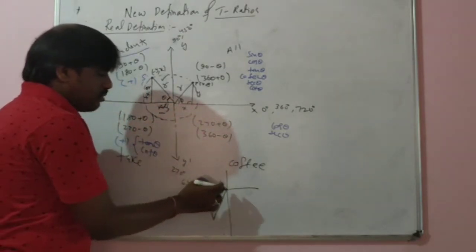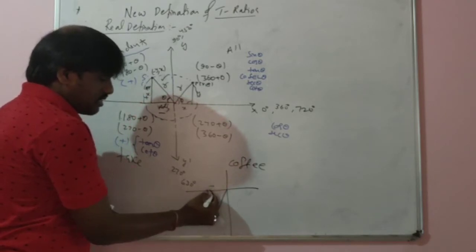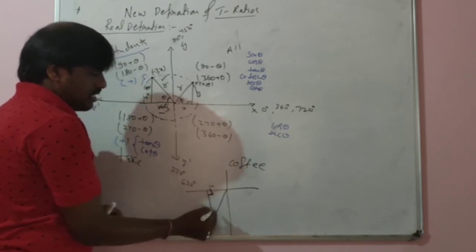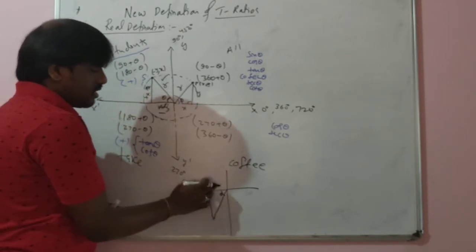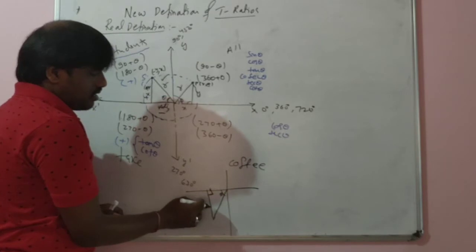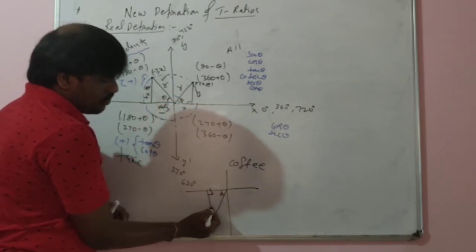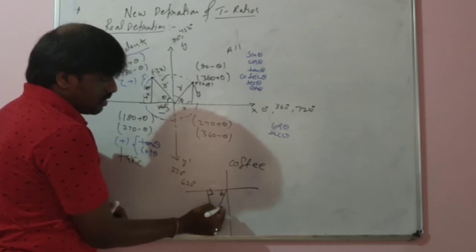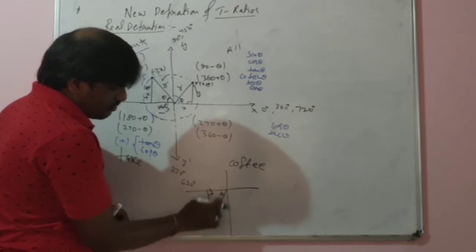I am just speaking about the angles here. If you take a perpendicular, this is 90 degrees, and this is 90 degrees. According to this angle, this is opposite and this is adjacent, right?